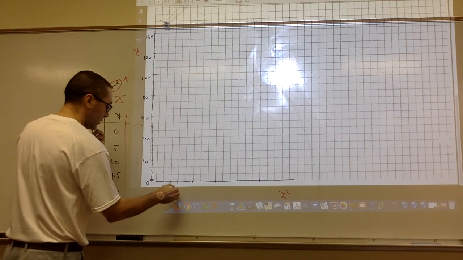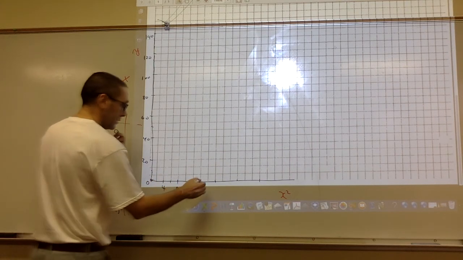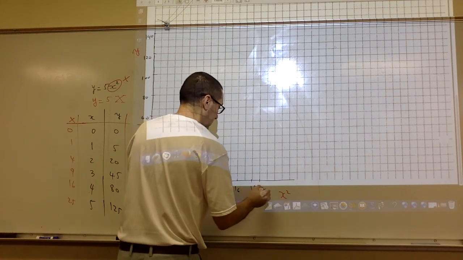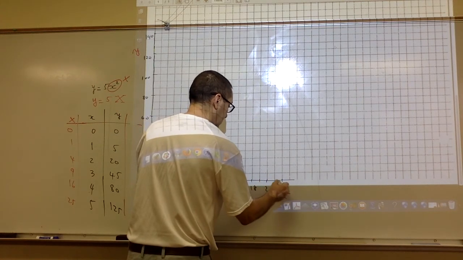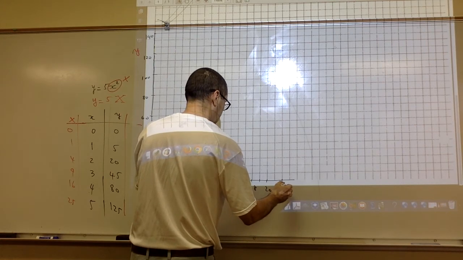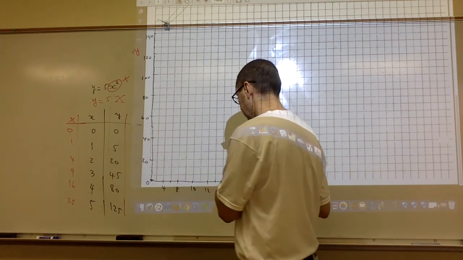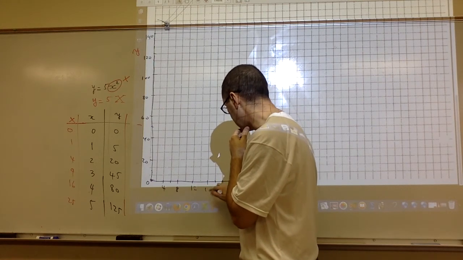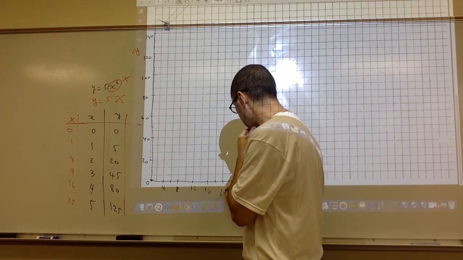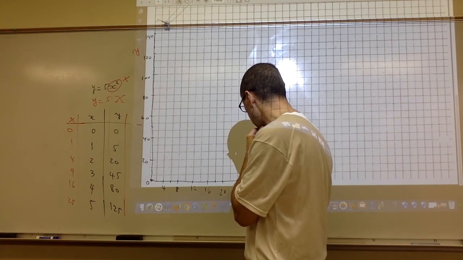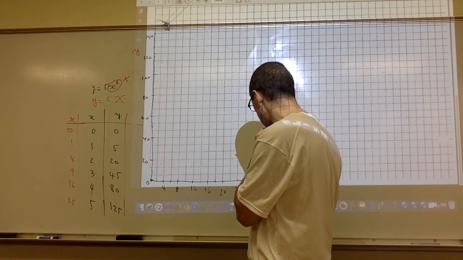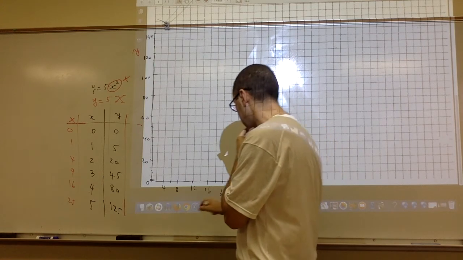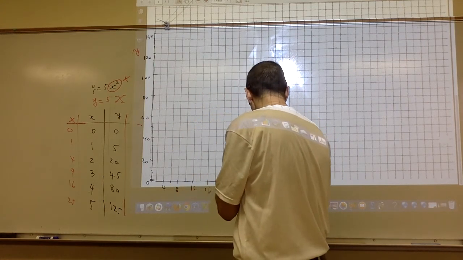Let's see if that works. 10, 12, 14, 16... no, this is 12. A lot of mistakes there. 16, 20, going too fast. 24 and 28. So forget about the other stuff.